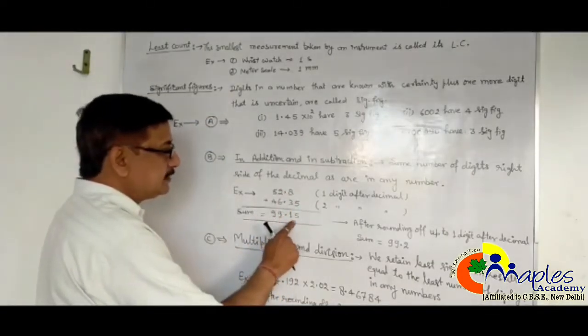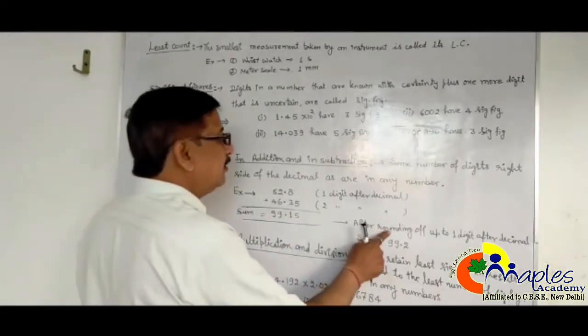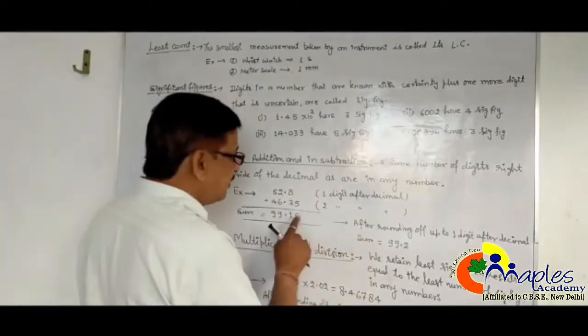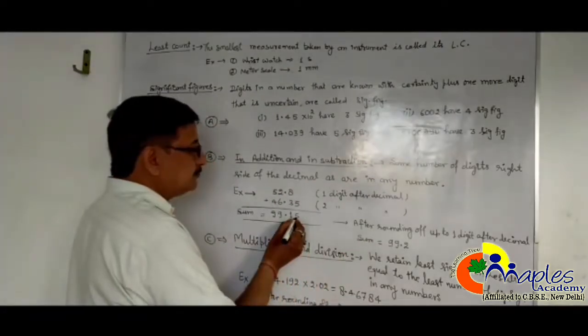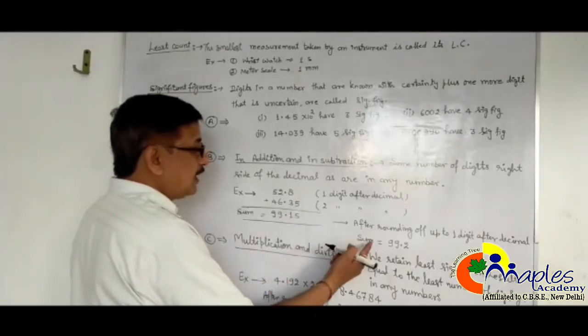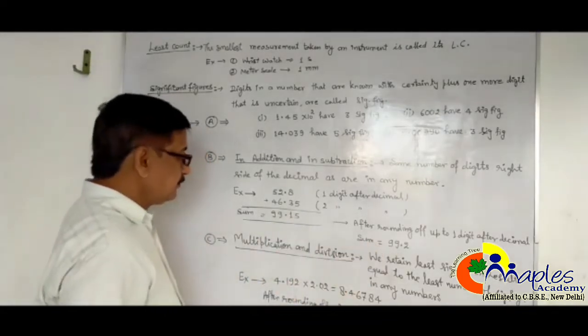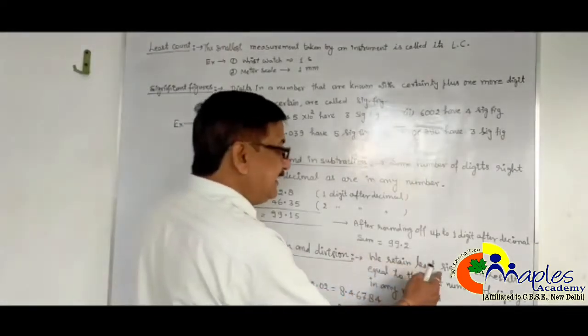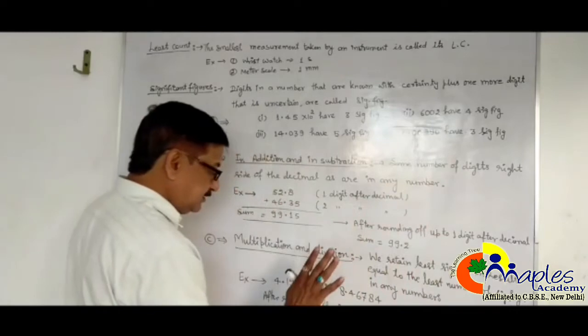The addition is this, but after the decimal we have to retain only 1. So after rounding off 5, it will become 2. So the answer is 99.2.